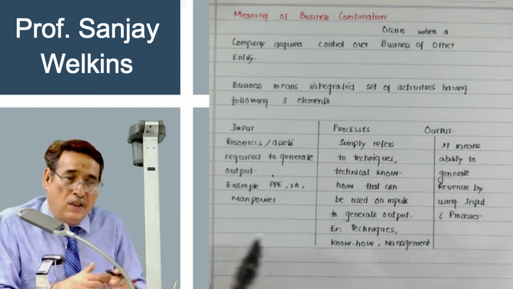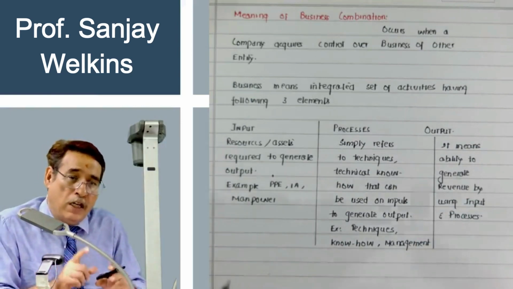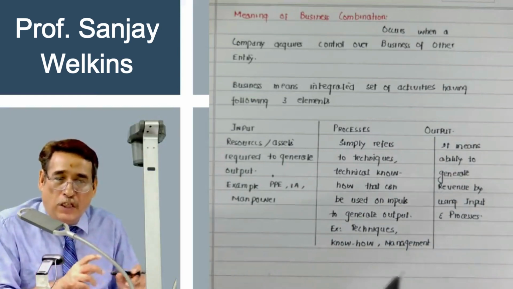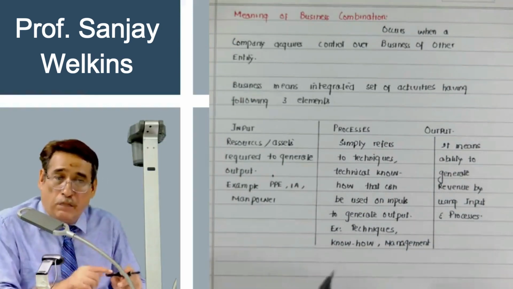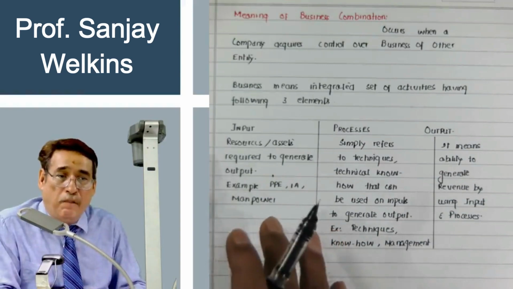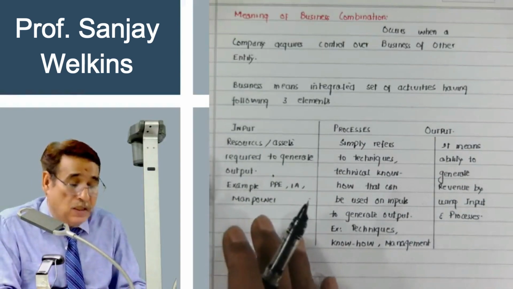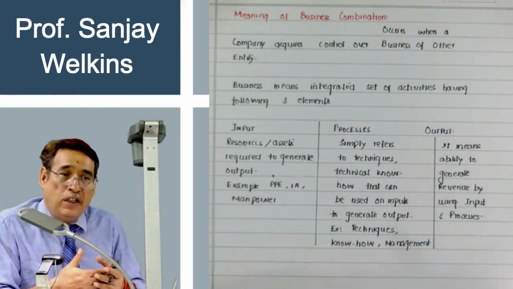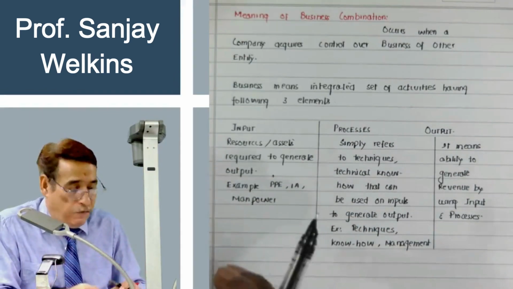Ind AS 103 will come into play only when one entity acquires another entity. Acquires means acquiring the control of the other entity, and the other entity must meet the definition of business, and business simply means resources and processes which can be combined with each other to generate some revenue.